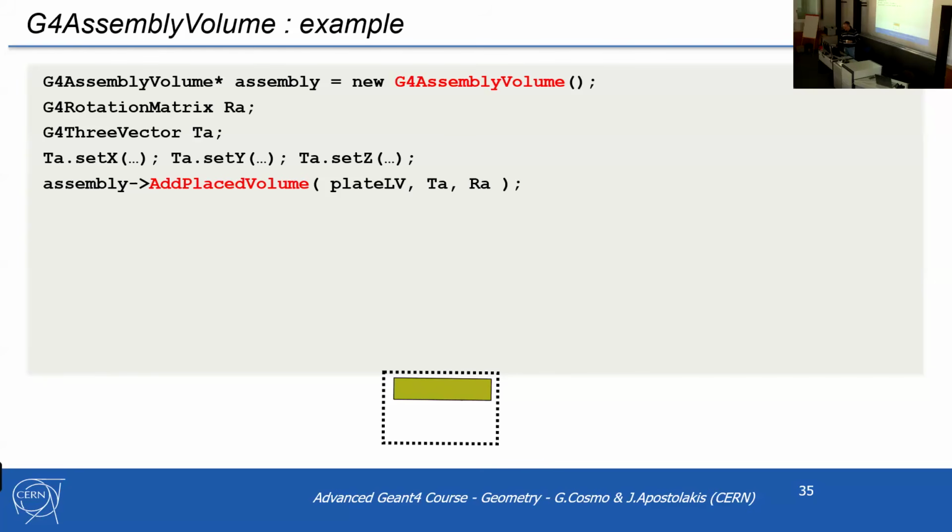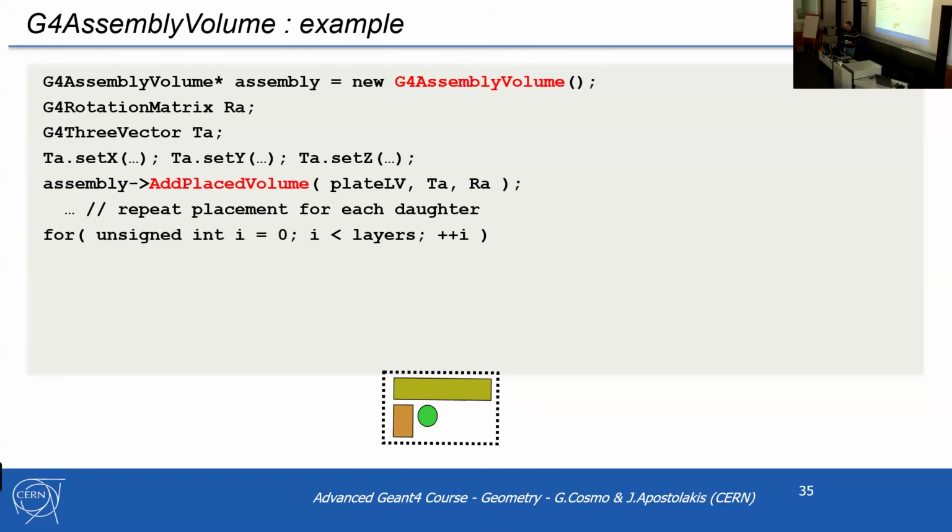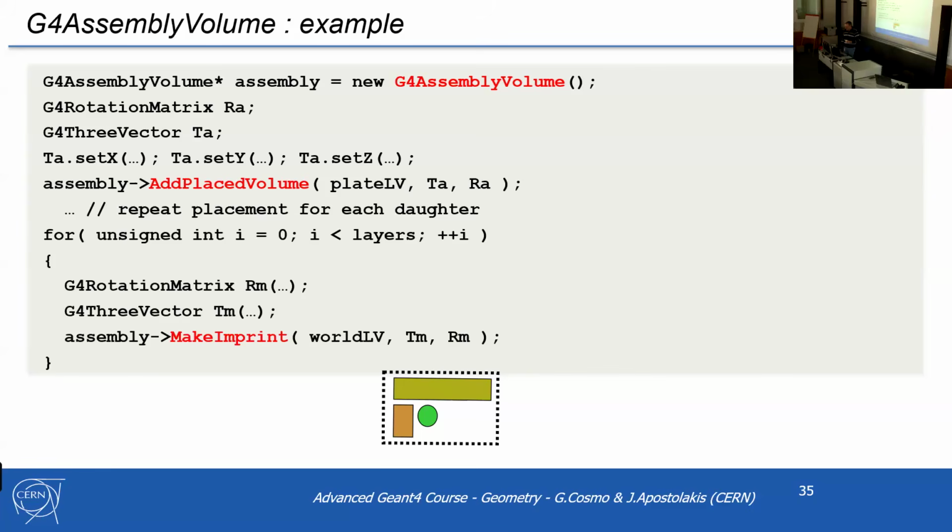We do this for as many volumes as should be part of the assembly. We repeat this kind of operation, and then once we have done that, we can imprint this assembly as many times as we want, giving a rotation and a translation for the placement of the assembly itself.